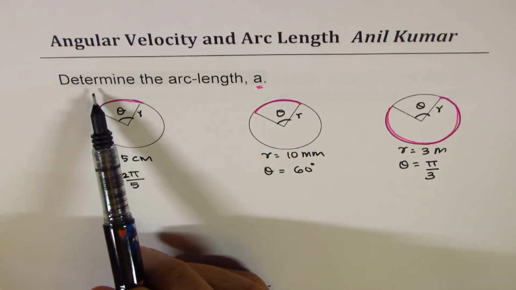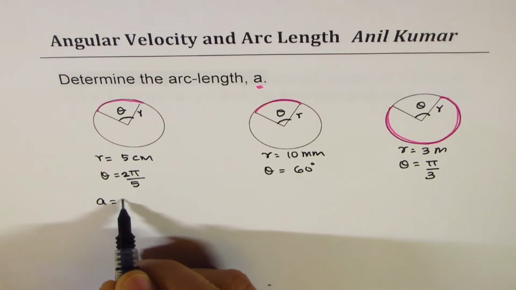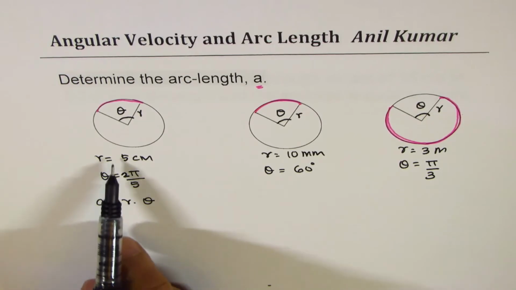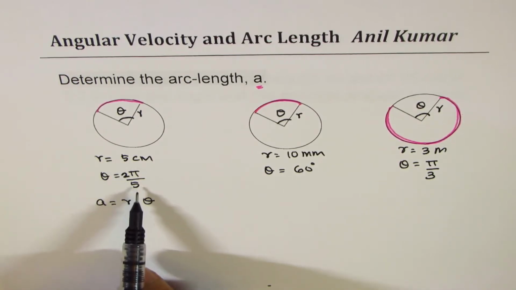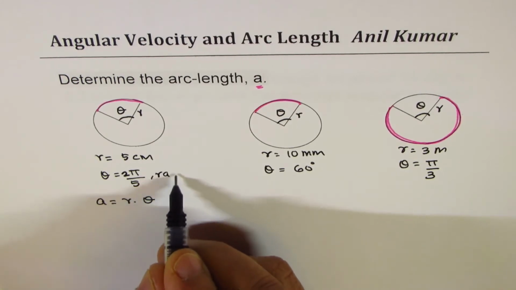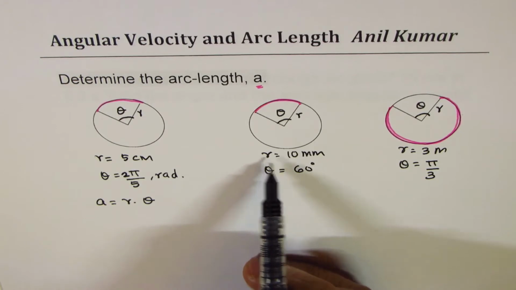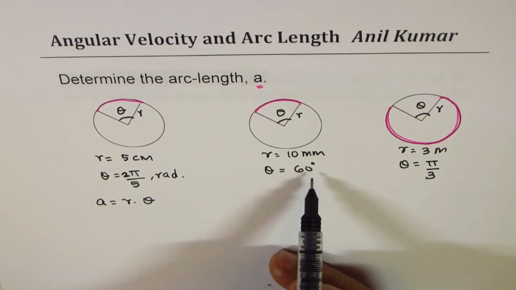So I'd like you to do the first example, which is straightforward. We need to find the arc length A. And we know A is equal to r times theta. We're given both the values, you can multiply and get your answer. Angle should always be in radians. Perfect. In the second case, we are again given radius and the angle theta. However, angle is given in degrees.